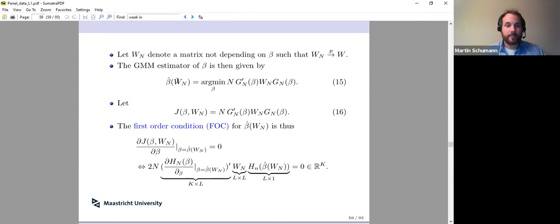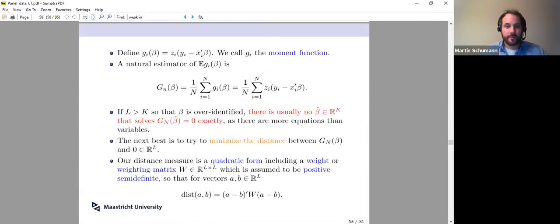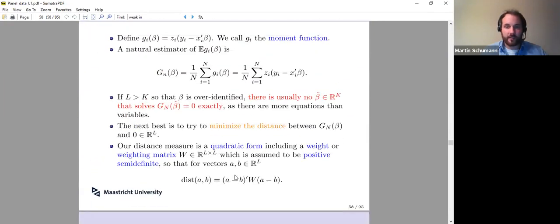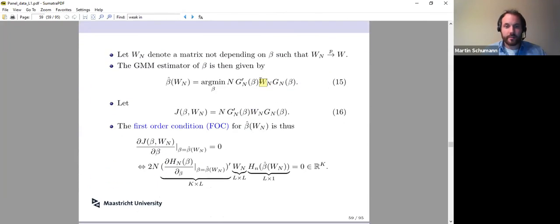When we do this, we can define the GMM estimator like this. Beta hat, depending on the weight matrix, is the value of beta that minimizes this expression on the right-hand side. In our distance measure, A is g_n of beta, B is equal to 0, and W is here W_n.